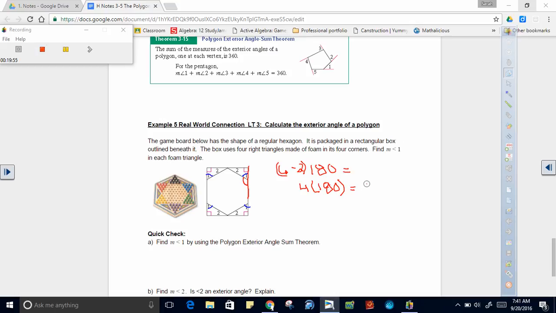I'll have 720, so there's 720 degrees inside of that, and I'm going to divide that by 6, so I can know what one of those is. So the measured angle 1 will be 60 degrees. Right? And I should have made that red, I'm sorry. That's angle 1. Alright, my quick check, take a moment to try that on your own.